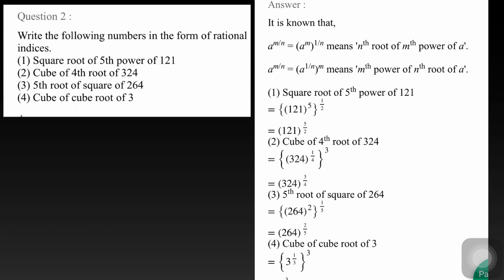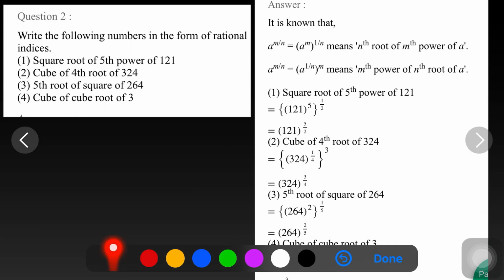Students, let us see question number 2. Write the following numbers in the form of rational indices. Here words are given and you are going to write them as rational indices. First, square root of fifth power of 121.